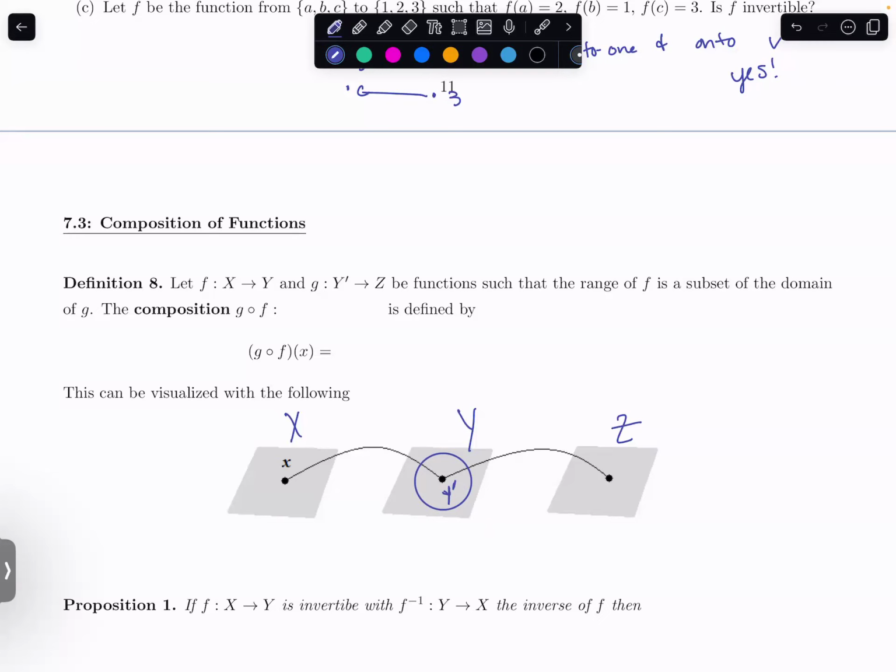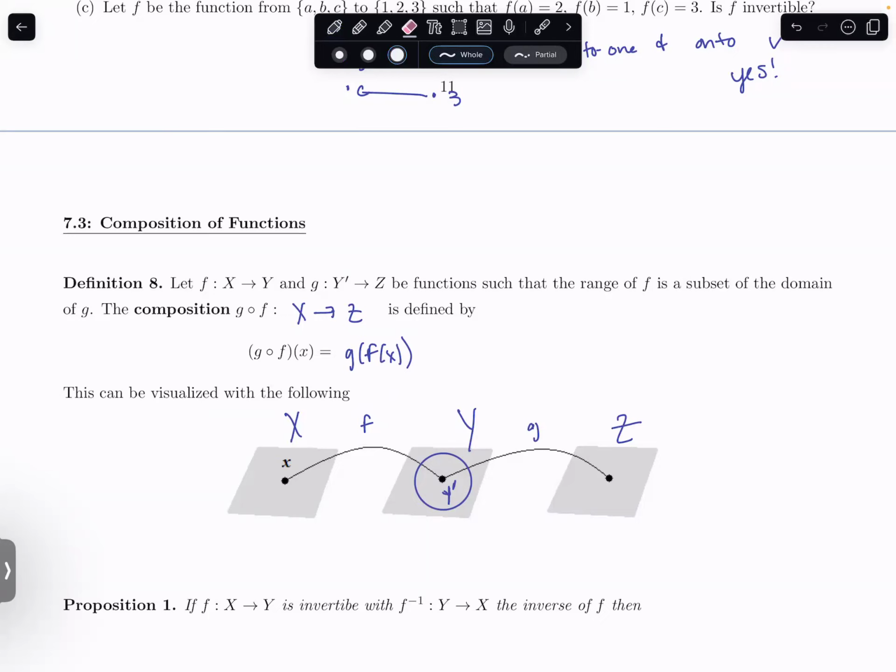So the composition g of f, this is your function f, and this is your function g. Remember that this is going to be from X to Z, and g of f goes like this. The inside thing happens first, that's why f is first here.